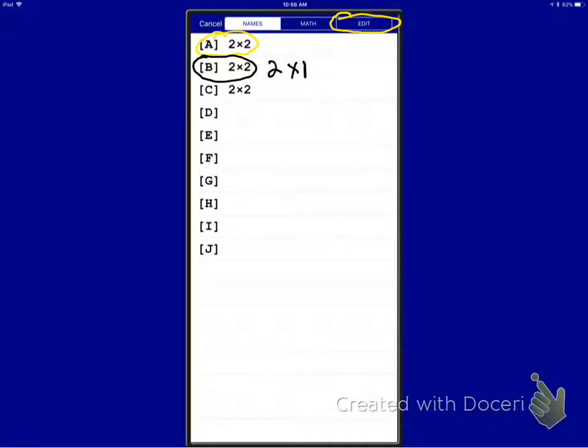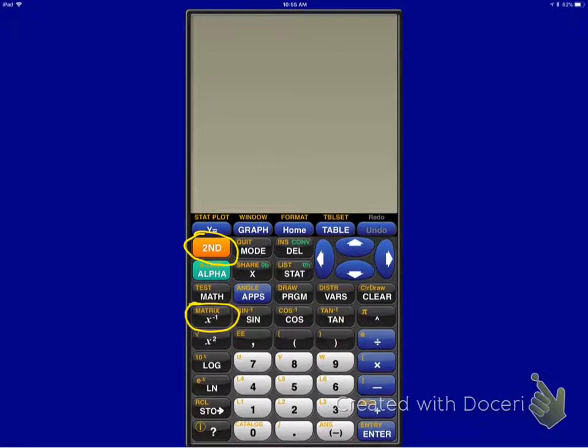Once you make those, you will go to your home screen and hit second matrix again. You'll press enter on A, and it will bring it to your home screen like that.